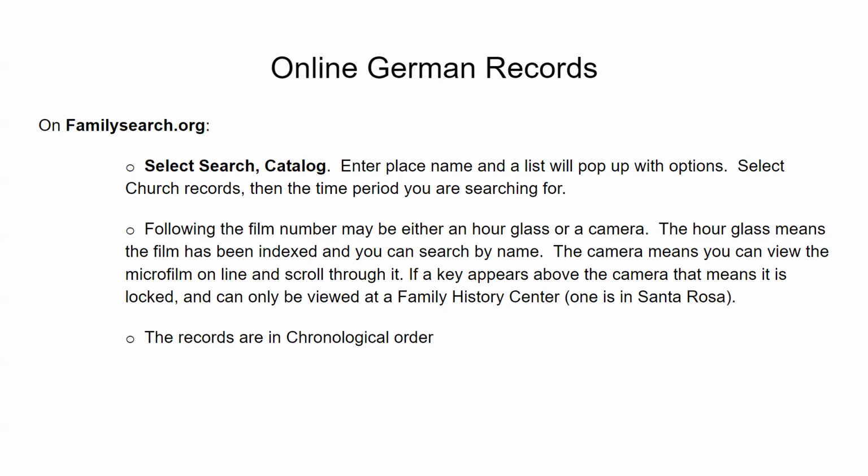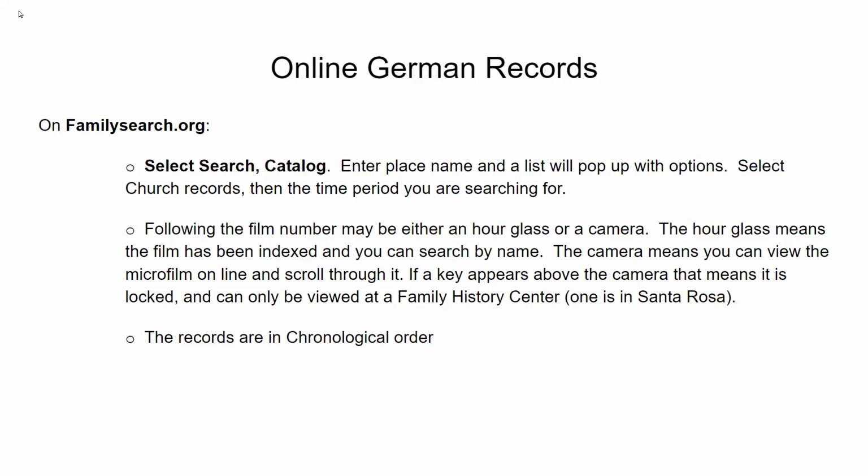And a key thing about looking at the records these days is they will show the film number, where, in the 1970s, typically the Mormons went and photographed most of the records in Germany, with the exception of some areas like Bavaria, where they weren't allowed.